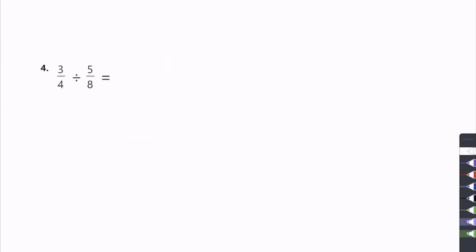Looking at question 4, we're going to try 2 different methods here. So the first one is that you keep the first fraction the same, change the divide to a multiplication, flip the second fraction upside down onto its head. Remember, keep it, change it, flip it. We then recognize that the 4 and the 8 can be simplified. 4s into 4 go 1, 4s into 8 go 2.